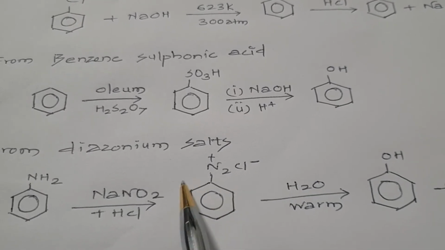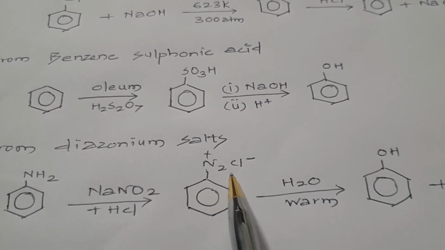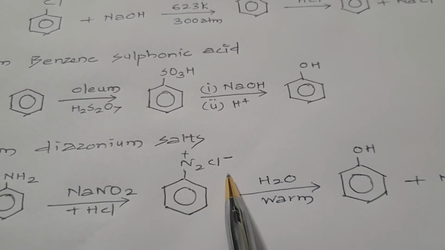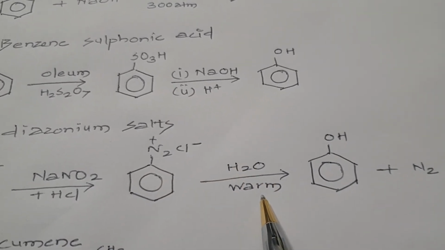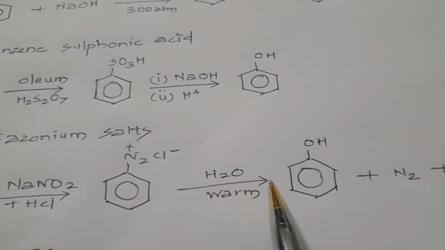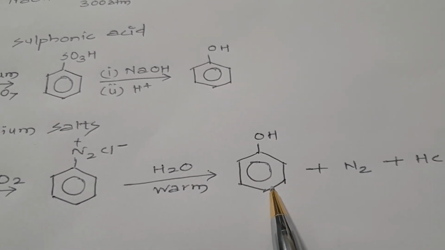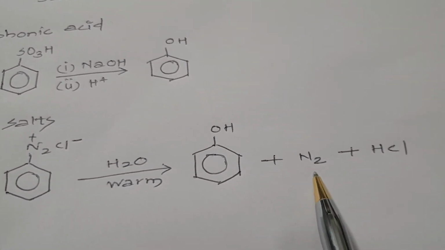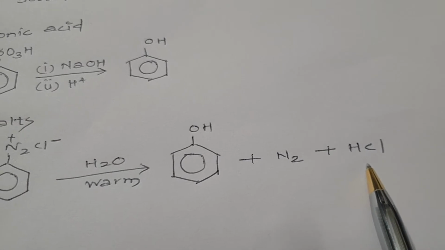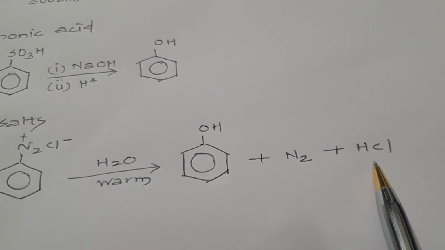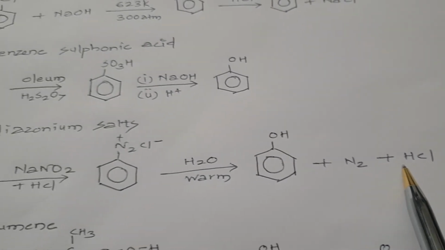This gives you benzene diazonium chloride, which is then warmed with water to give you phenol. Nitrogen gas is released and hydrogen chloride is obtained as a byproduct in this reaction.